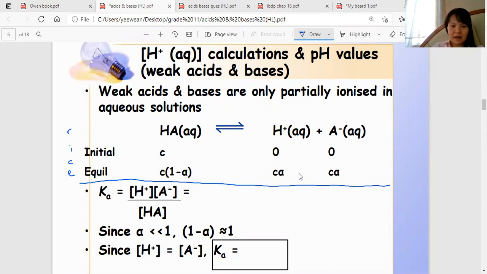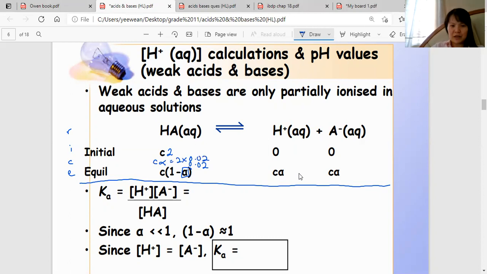So let's say, for example, I'm going to take the concentration as 2 mole per dm cube, and the degree of dissociation is only, say, 0.02. That's very little. Okay, so the change, this C here would be C alpha, which is 2 times 0.02.